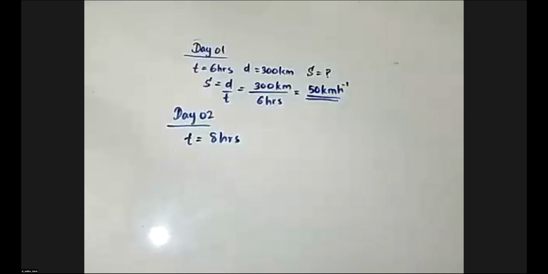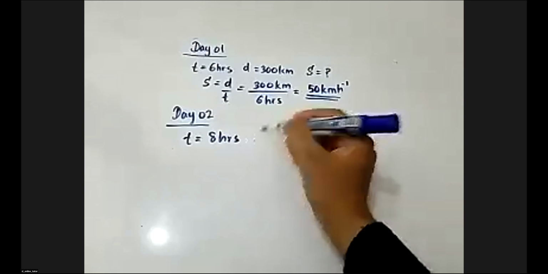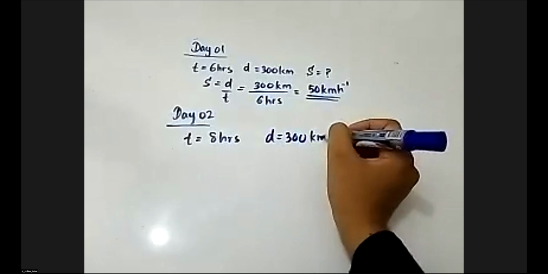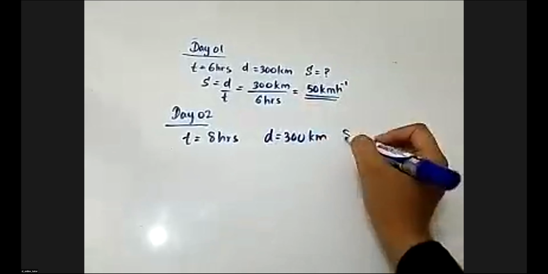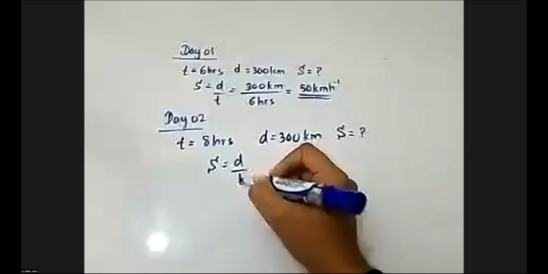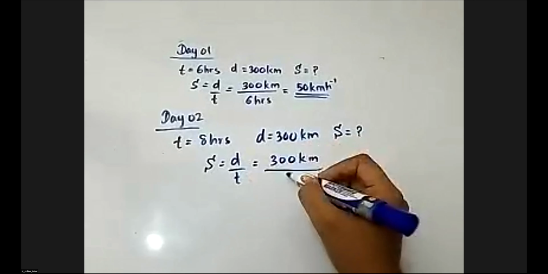Time equal 8 hours and the same distance. Distance is equal to 300 kilometers. When you do the question like this, you don't miss anything. Now we'll find the speed. Speed equal distance over time. 300 kilometers. Please write the units, okay?